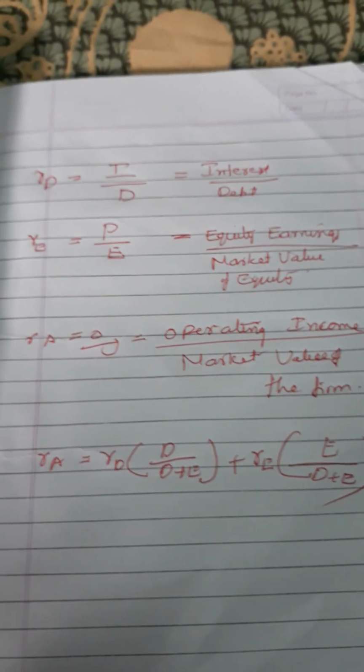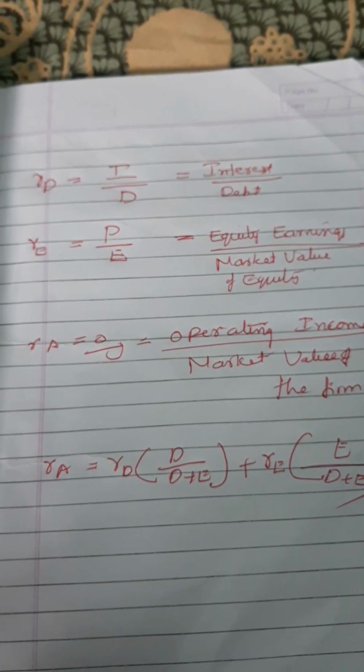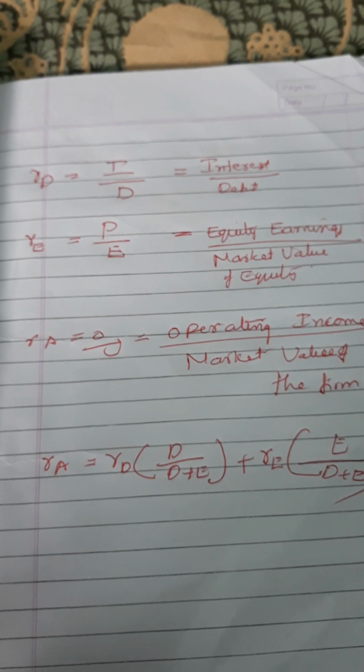And let us see the cost of debt, the cost of equity, and the cost of the total assets, or the cost of the firm. The cost of debt is interest divided by debt.